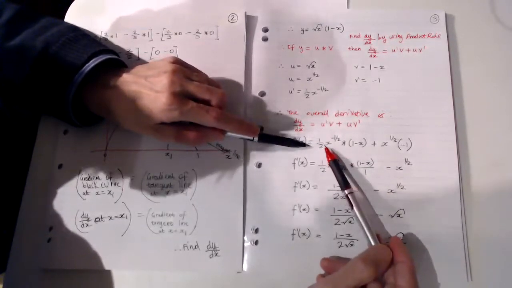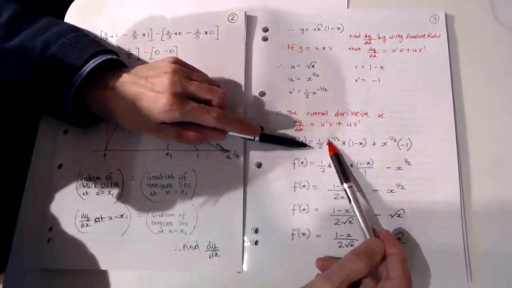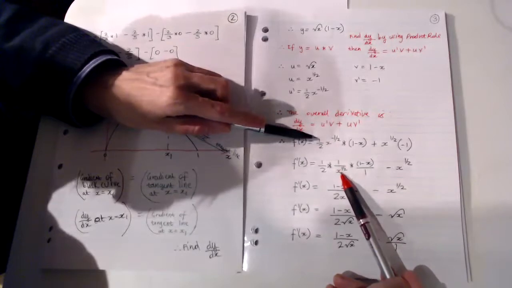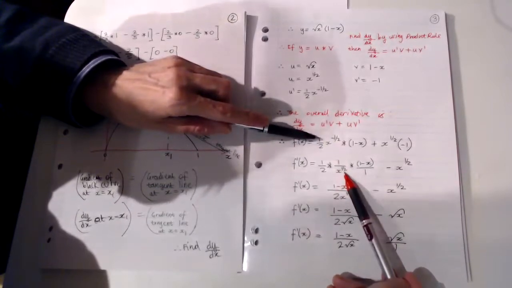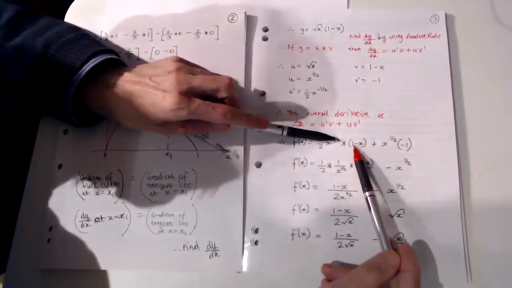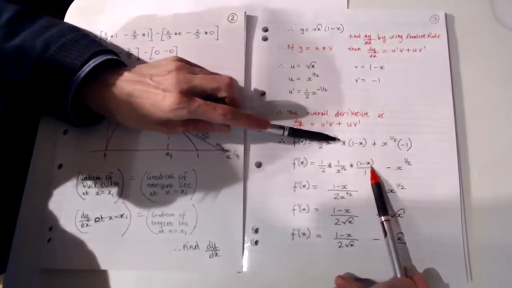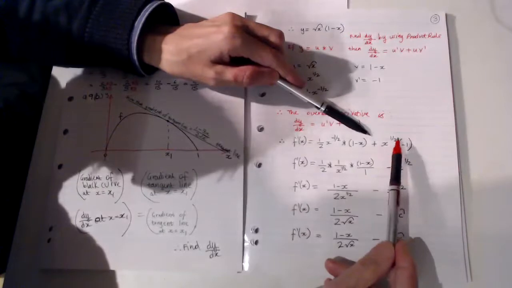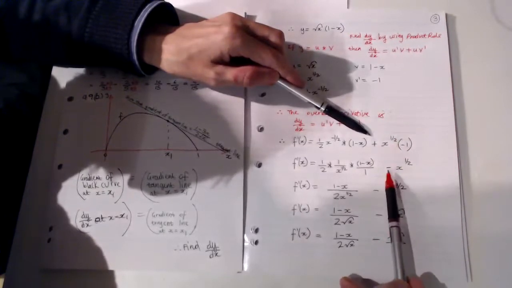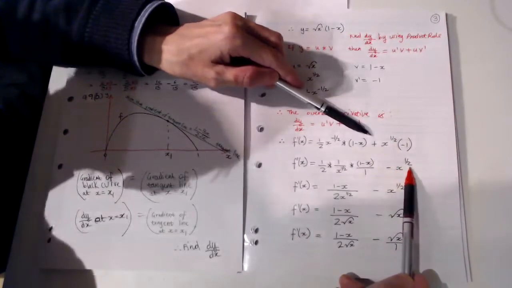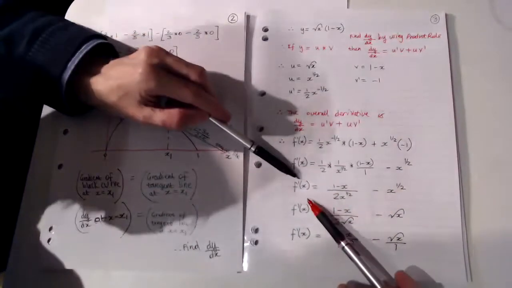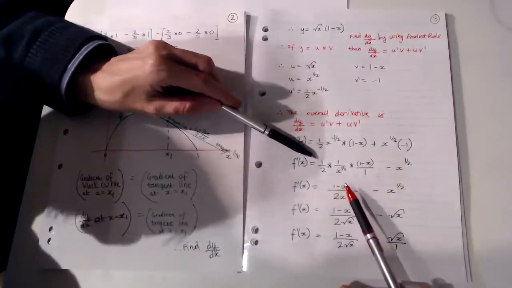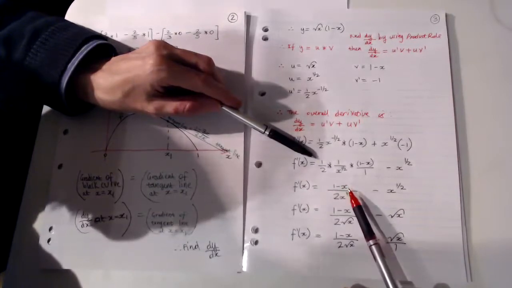Let's get rid of that negative power by using one of those Year 9 easy rules, and that becomes 1 on x to the power half times (1 minus x), which can be written as (1 minus x) divided by x to the power of a half, plus x to the power of a half times negative 1, which is negative x to the power of a half. And that becomes the following f'(x) using grade 5 fraction theory.